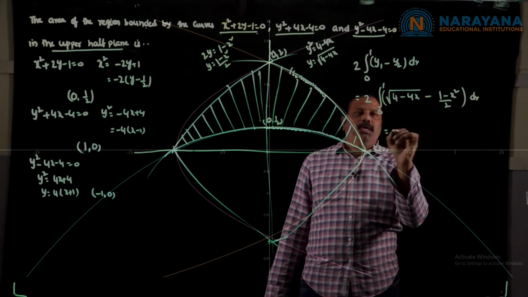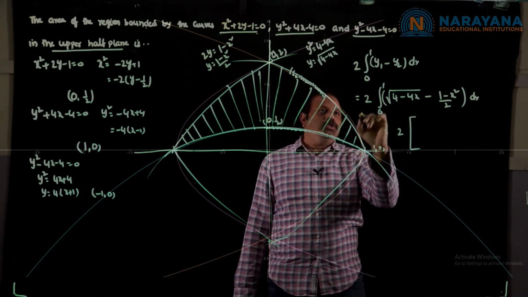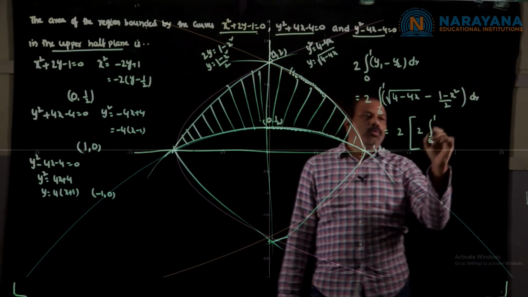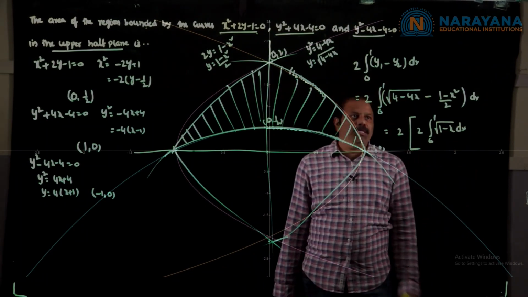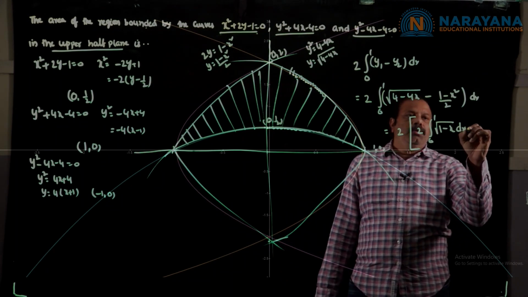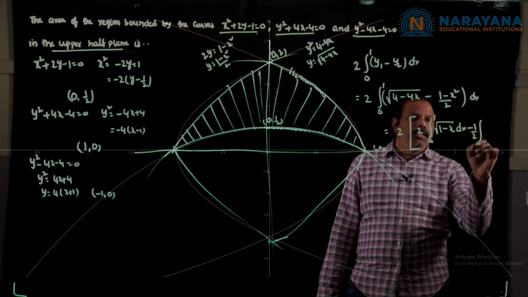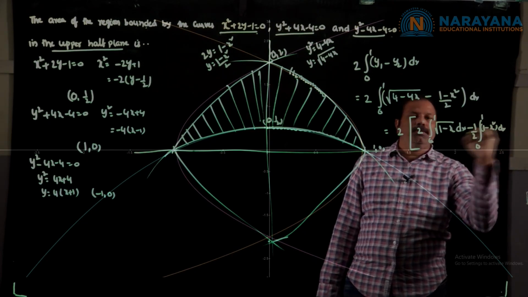From this you can write 2 into, you can bring 4 outside the square root, therefore 2 times the integration from 0 to 1 of root over (1 minus x) dx, minus 1 by 2 into the integration from 0 to 1 of (1 minus x squared) dx.